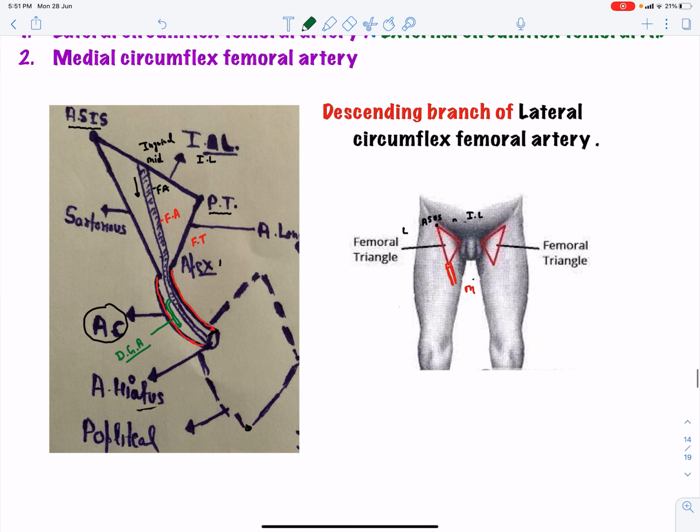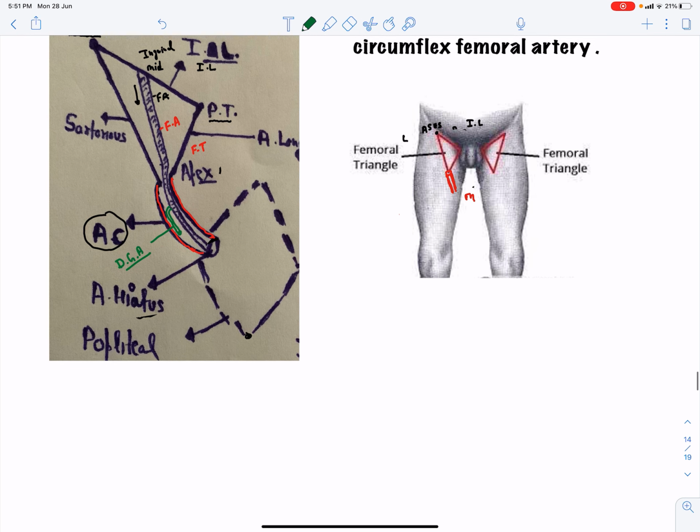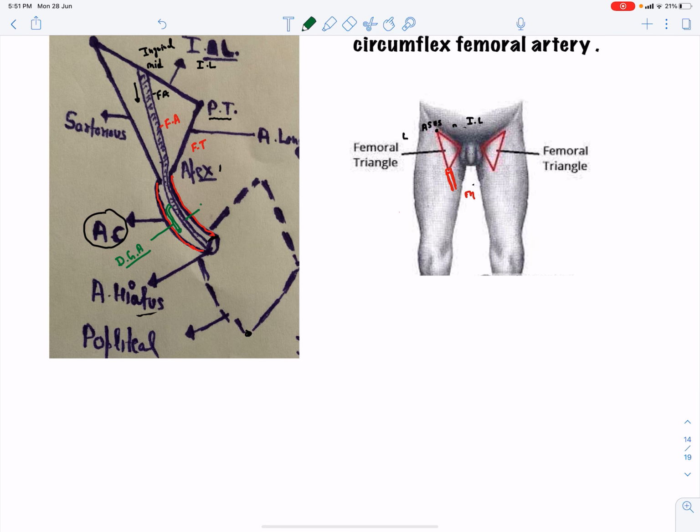It is the continuation of the femoral artery after passing out through the adductor hiatus on the posterior side, in the popliteal fossa. Is it clear now?